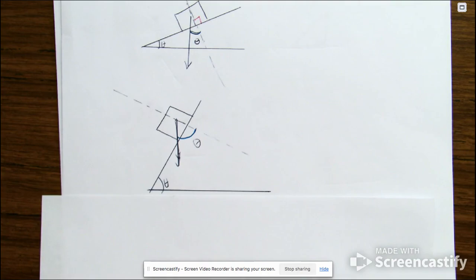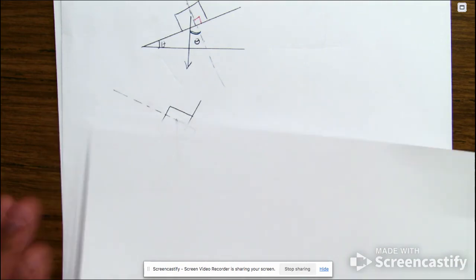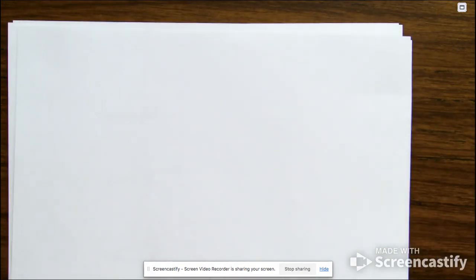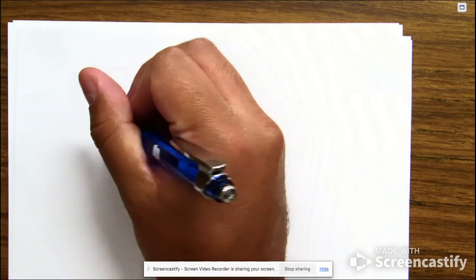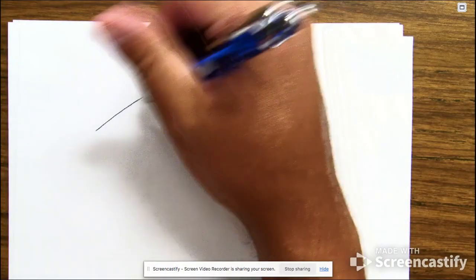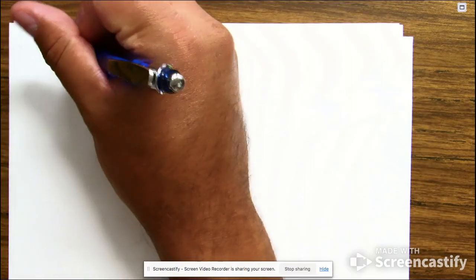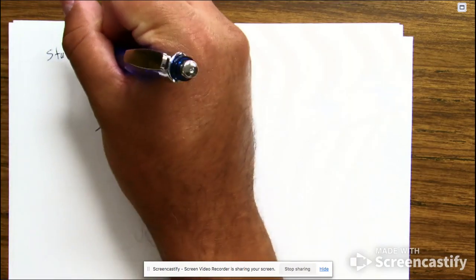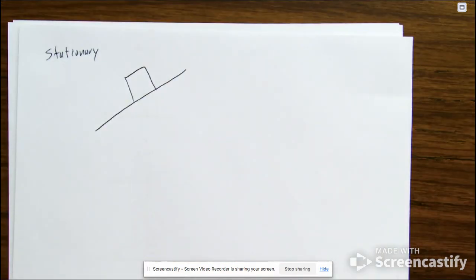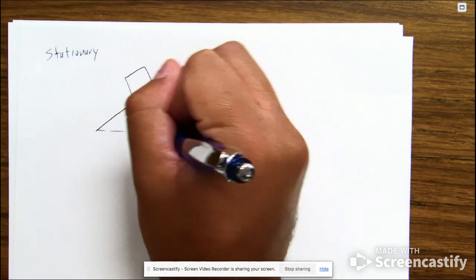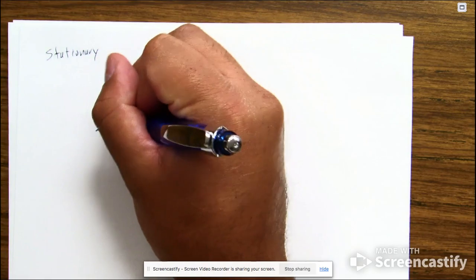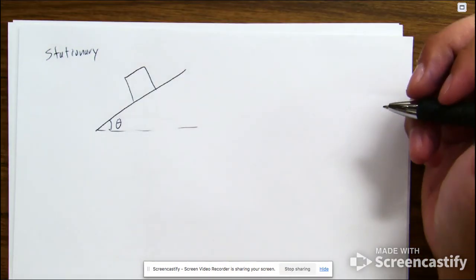So that's the idea. So how is that going to help us analyze a mass on an inclined plane? Here's my mass. We're going to start with something that's stationary, so it's not moving. Here's my angle. So we're going to free body diagram this.